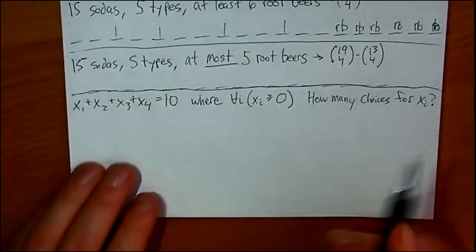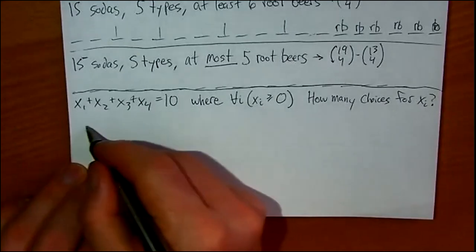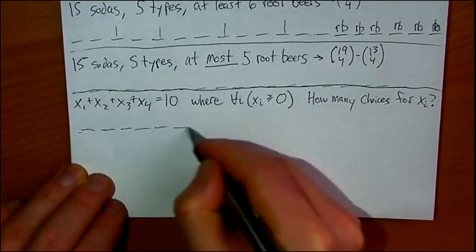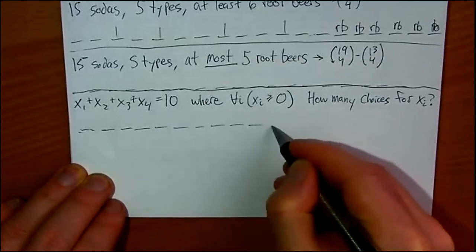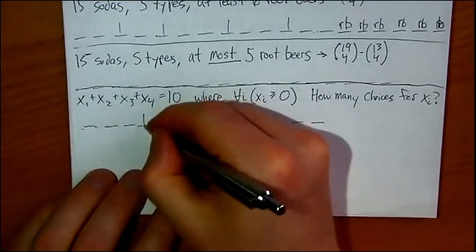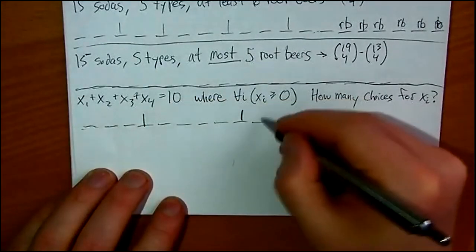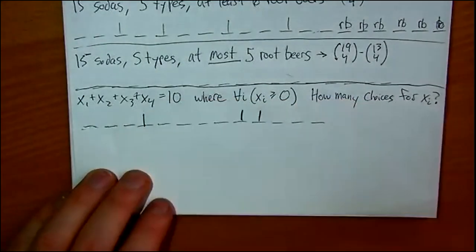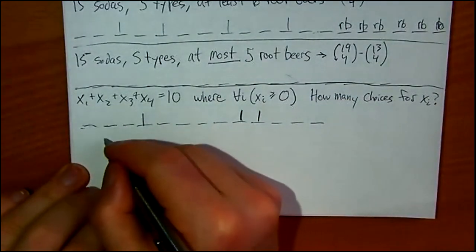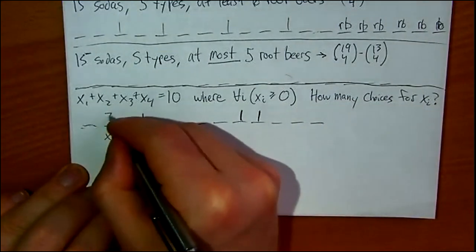So we're going to have 13 slots like this. And we're going to have 3 dividers. Maybe we'll put it here, here, and here. Now, if I do that, this is the section for x1, which is going to be 3 of them.